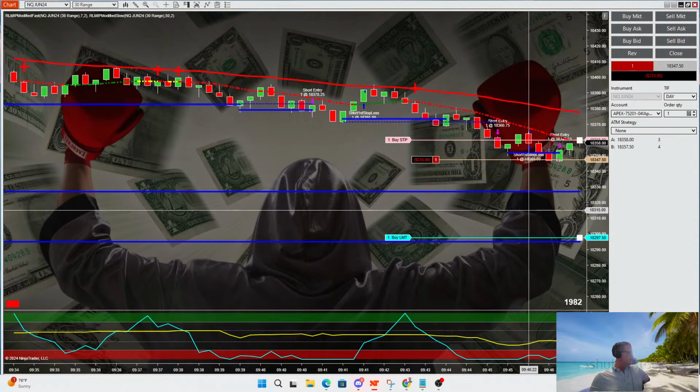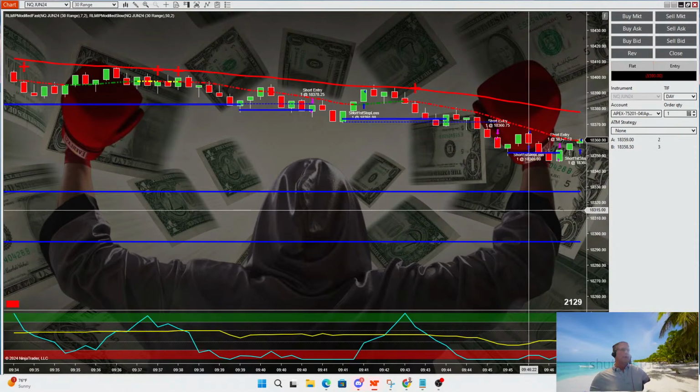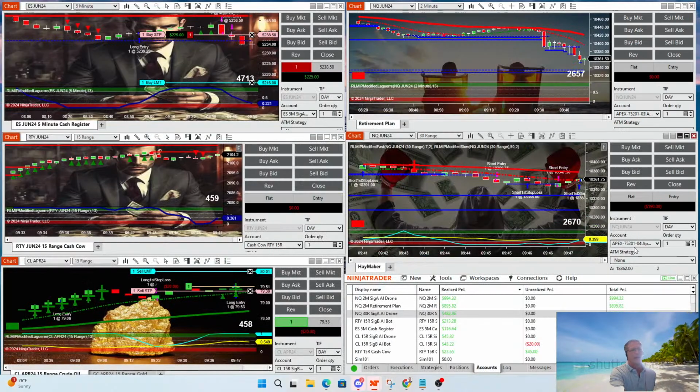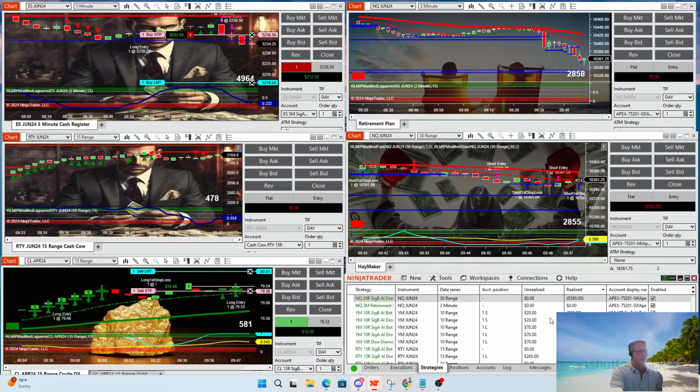It popped up on us. So it hit my loss limit on that account 4. So what I'm going to do is go to my strategies and take it off account 4. And we'll continue to let it run on 3.